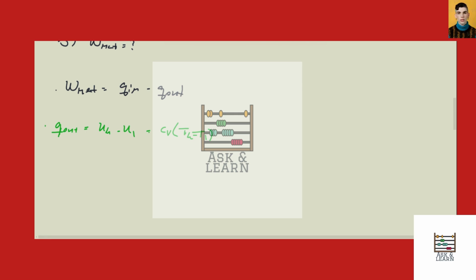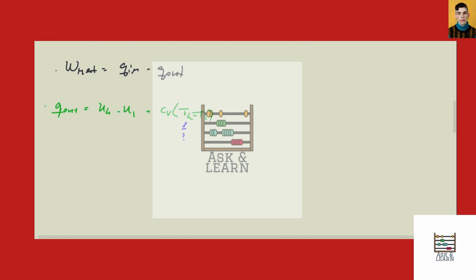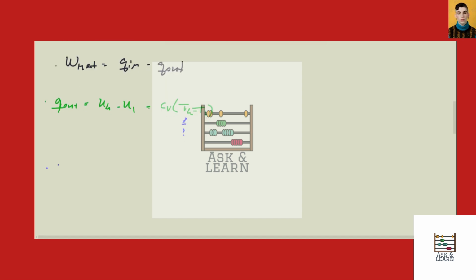Well, again, we have another problem here. We do not know what the temperature 4 is. So let's find out what the temperature 4 is first, and then we calculate the output heat. Then we can calculate the net work. The temperature 4 we're going to take with the isentropic transformation: T3 multiplied by V3 over V4 to the power k minus 1.